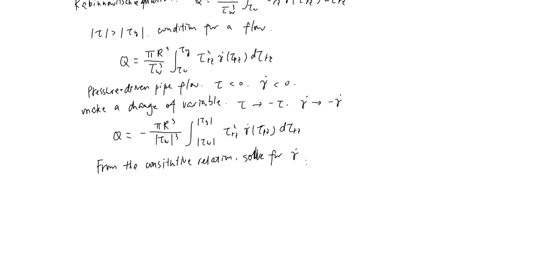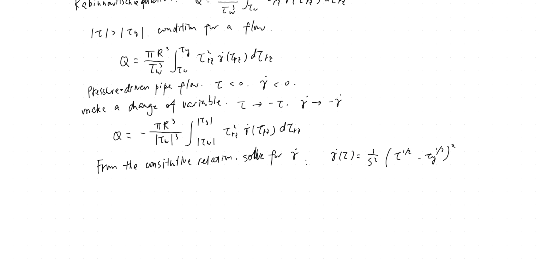So we want to express gamma dot as a function of tau. So we have gamma dot equal to 1 over s squared, times tau to the power of 1/2 minus tau y to the power of 1/2, squared. This is just rewriting the constitutive relation to express gamma dot in terms of tau.